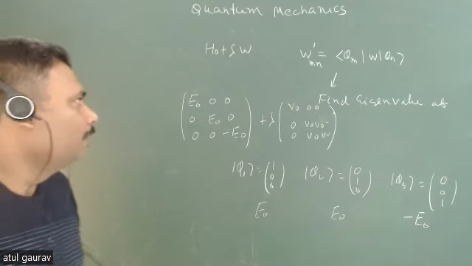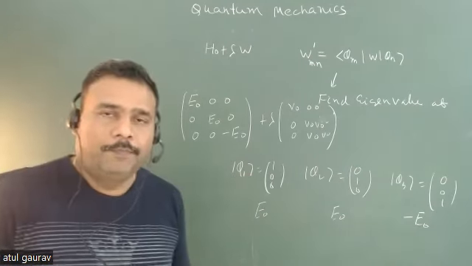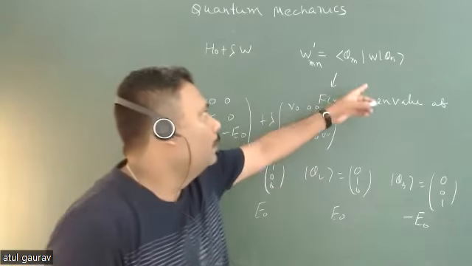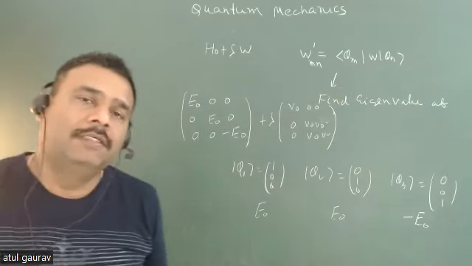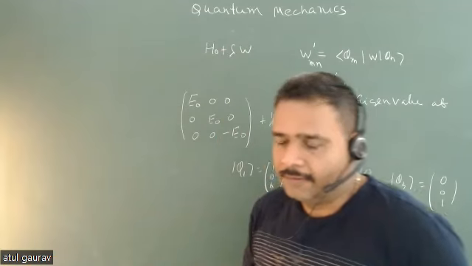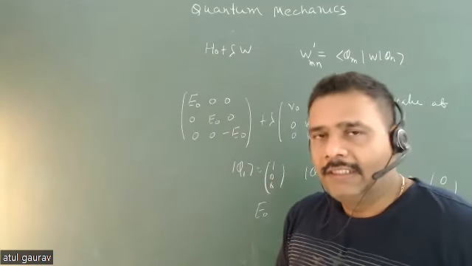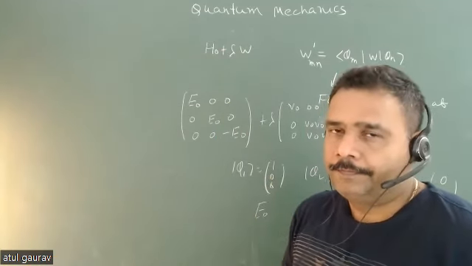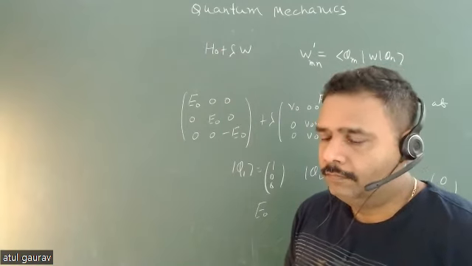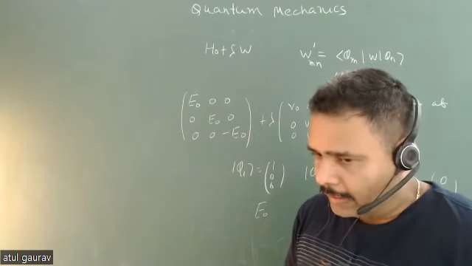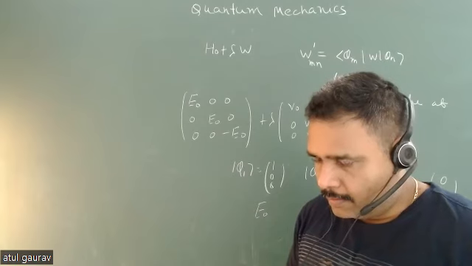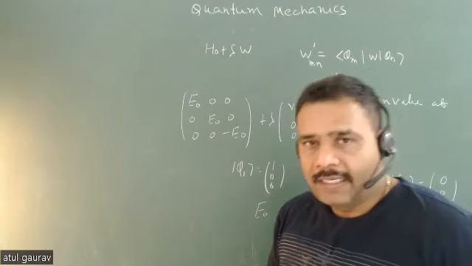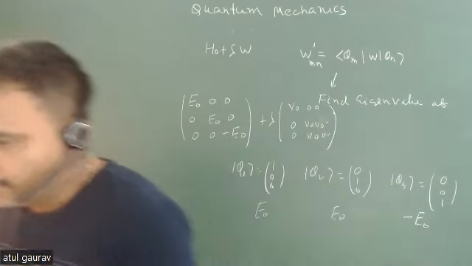You have to write your W dash in the basis of which eigenvectors for the degenerate perturbation? We have done it in class. Anyone?